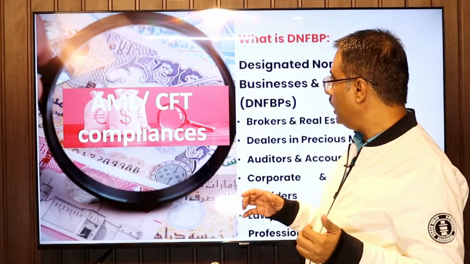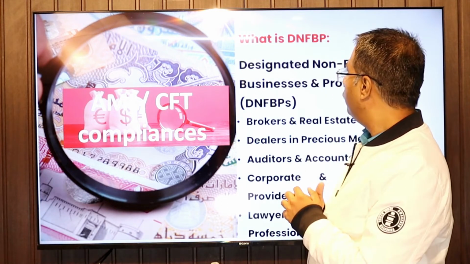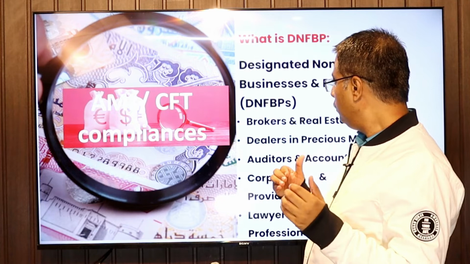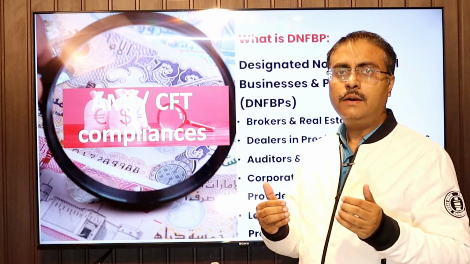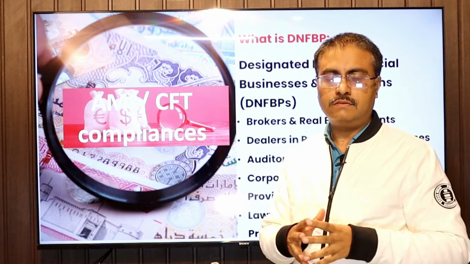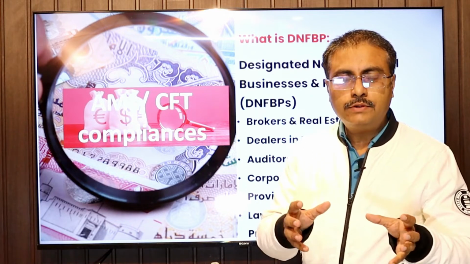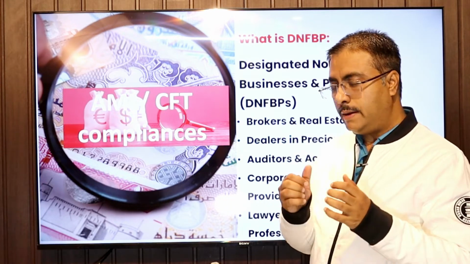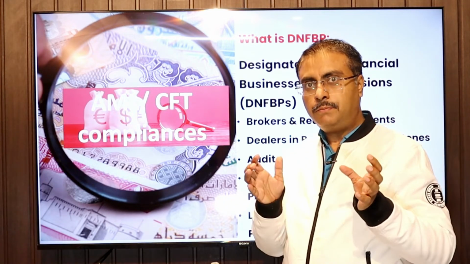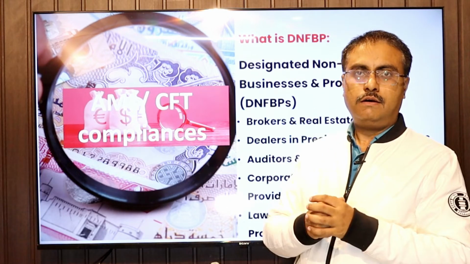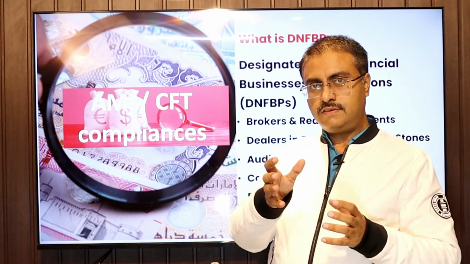This is the responsibility in the UAE. If you are dealing in metal or stone, that means you are a jeweler in the UAE, you have to take a passport from the customer and report. It might be possible your name is appearing in the UNSC list.